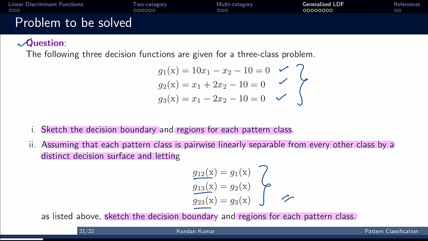Now we can solve our problem. So look at the first part, that we need to sketch the decision boundary and the region for each pattern class.